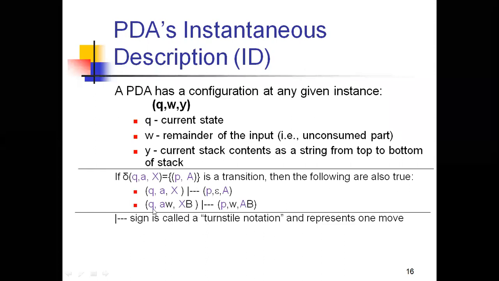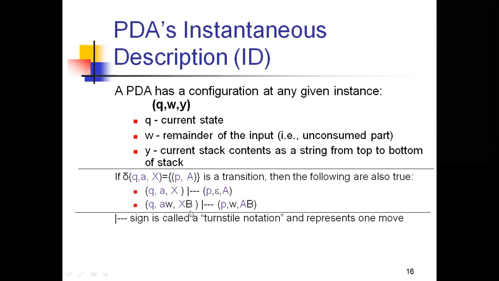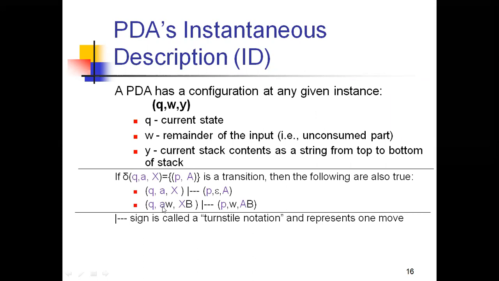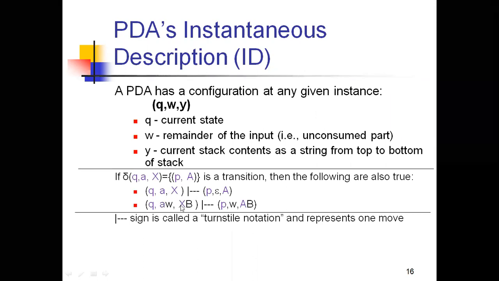Or else if you are having the rule transition like Q, AW comma XB. In AW, A is an input alphabet and X is on top of the stack, right? Now what you need to do is push the input alphabet into the stack.